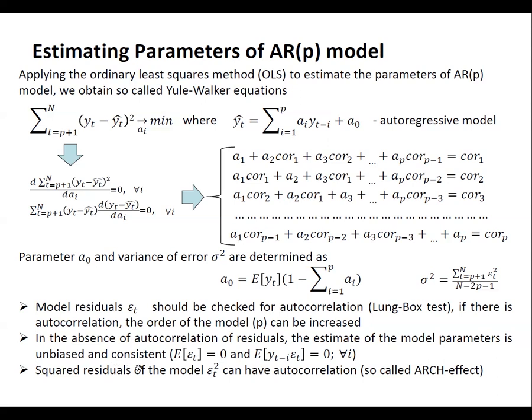This is the so-called ARCH effect. And this ARCH effect opens up prospects for constructing conditional heteroscedasticity models, the ARCH model and the GARCH model. We will get to this a little further on. So now the autocorrelation of the squared residuals of the model should not confuse us.